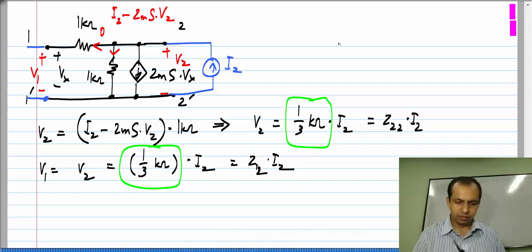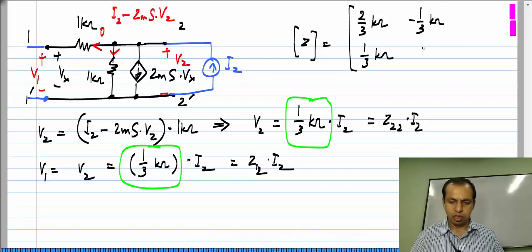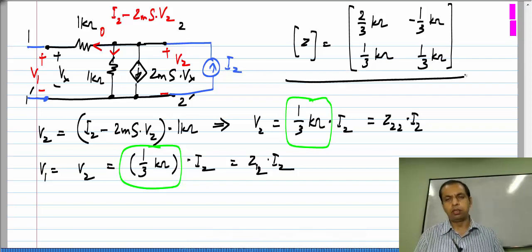The Z parameter matrix for this circuit turns out to be 2/3 kilo ohms, minus 1/3 kilo ohms, 1/3 kilo ohm and 1/3 kilo ohm. Again, you can go back to the old Y parameter example, and this is the inverse of the Y matrix for this circuit.